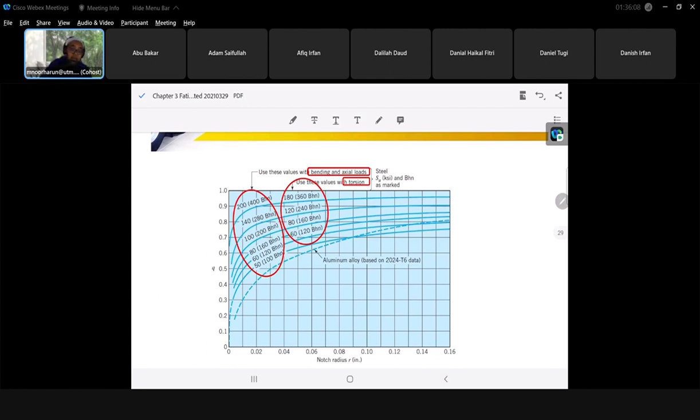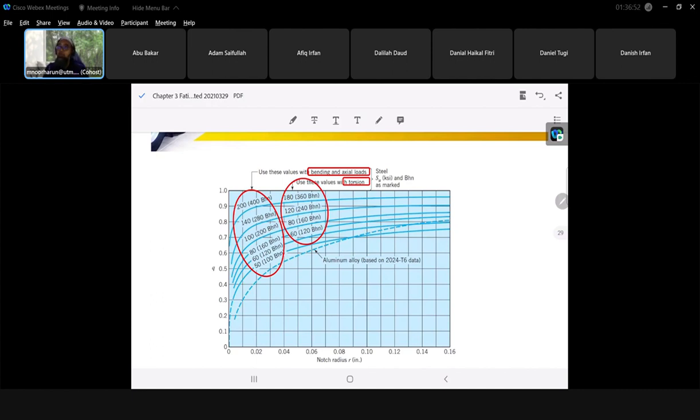Where does the graph come from? So check back, refer to the data book for test 1.